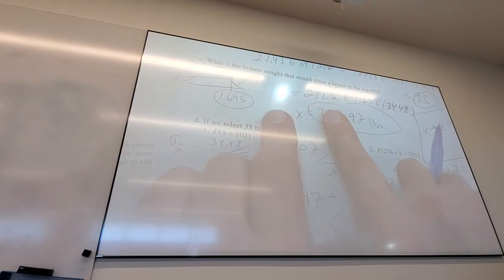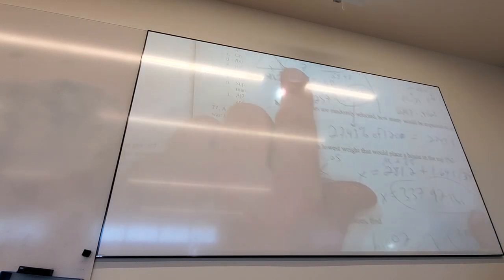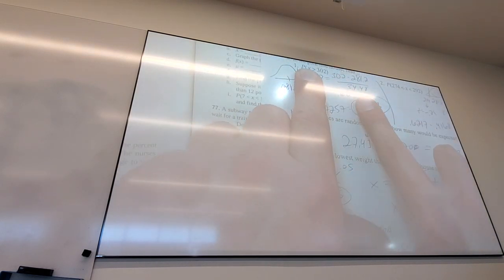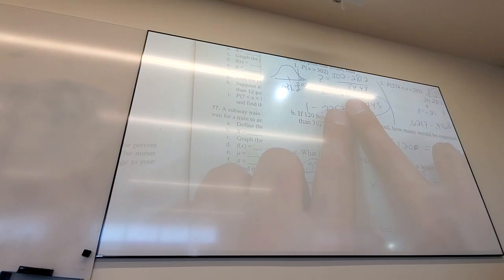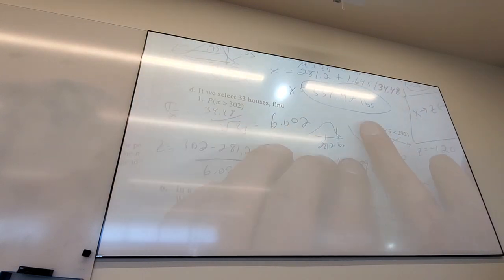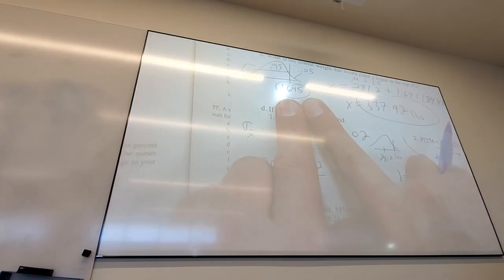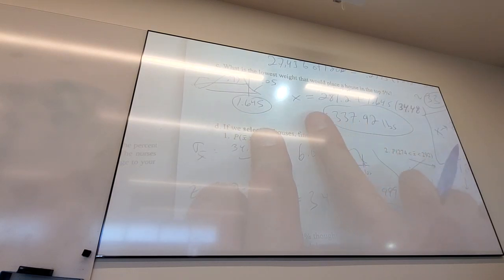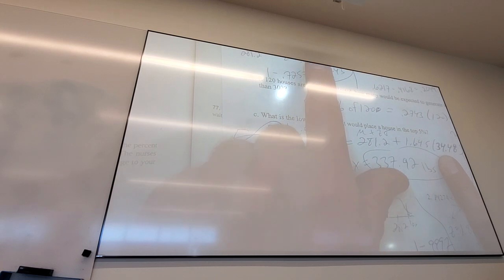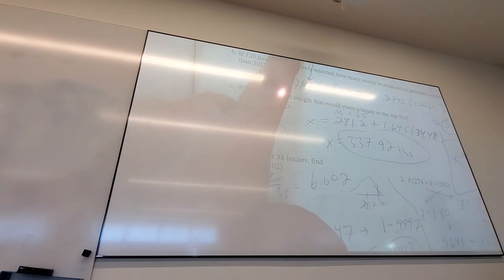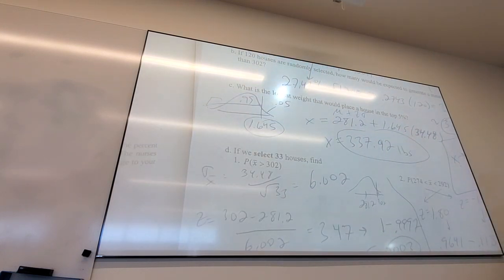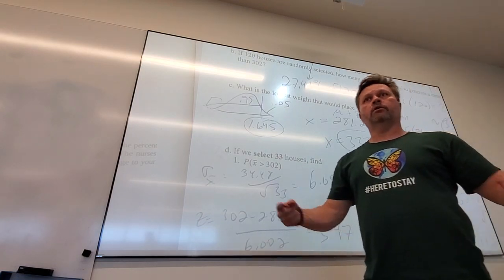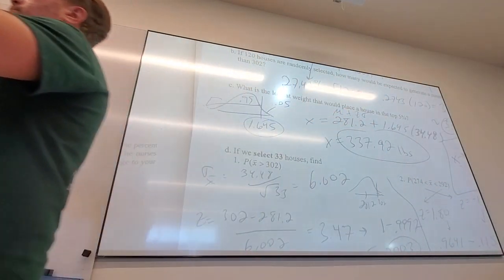So if I know an amount of trash, I can convert that to a z-score, correct? Yep. If I know a z-score, I can convert that back to an amount of trash. So this is just the z-score formula solved for x. That's all this is, right? X equals mu plus z sigma. Math goes both ways, right?